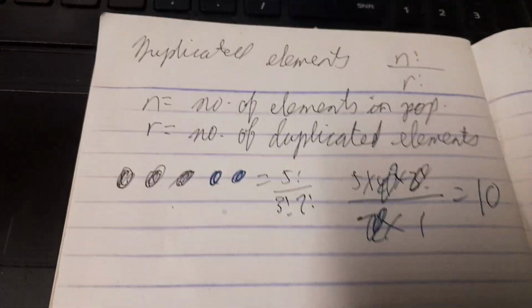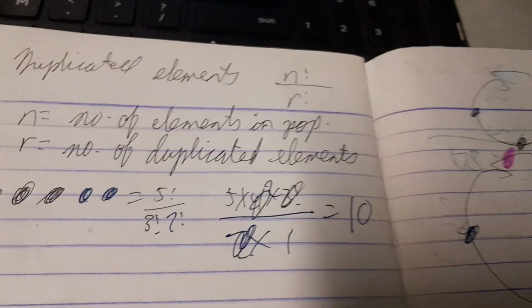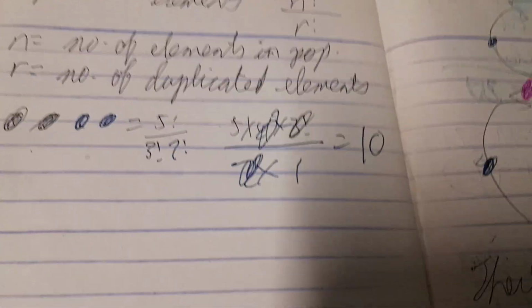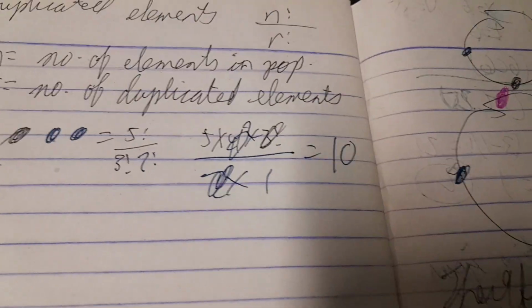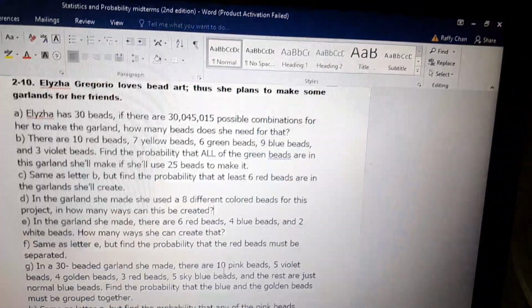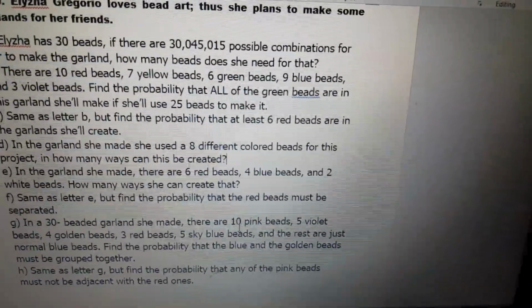Now, in this particular concept, it is in a circular permutation. Kaya naman, it has to be n minus 1 factorial. Okay? Pero paano na yan? Kasi nga remember, meron tayong i-take out. Ganito kasi yun. Diba remember, there are 6 red beads, 4 blue beads, and 2 white beads.